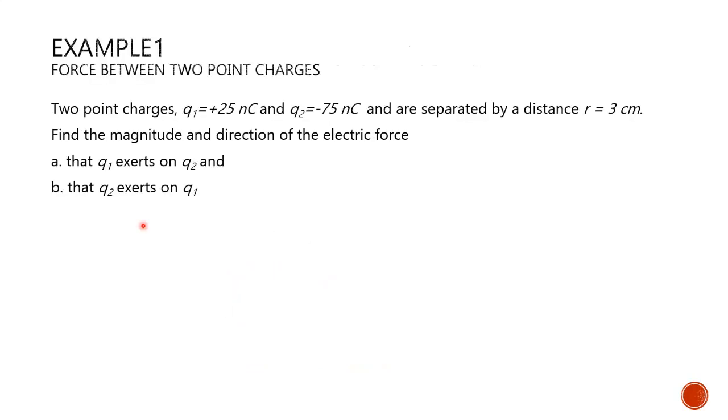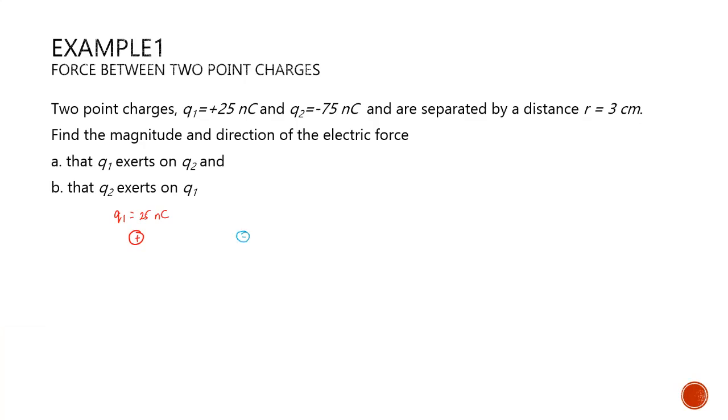So we have example number 1: force between two point charges. Let this be Q sub 1. It's positively charged, 25 nanocoulombs, or 25 times 10 raised to the power of negative 9 coulombs. The second particle, Q sub 2, is negatively charged.